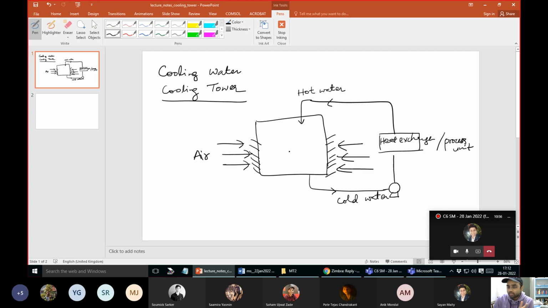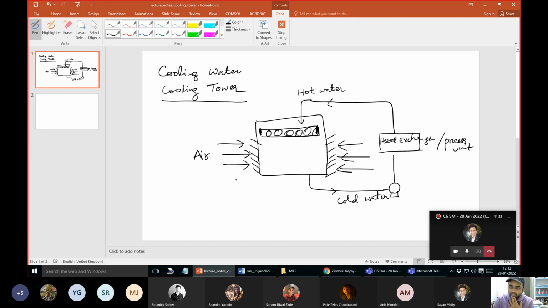So this is the typical operation of this cooling tower. Now, the airflow direction and the airflow configuration, that is, the air distribution pattern inside the cooling tower, form the basis of the classification, right? Also how the water is sprayed from the top, so the design of the sprayer or atomizer, all these affect the internal design of the cooling tower, and they play a big role in how this unit is going to perform.